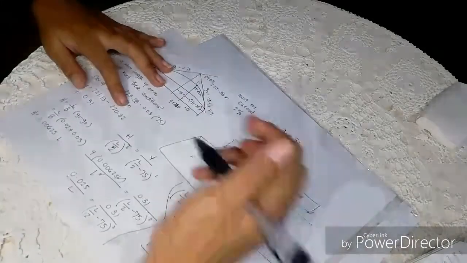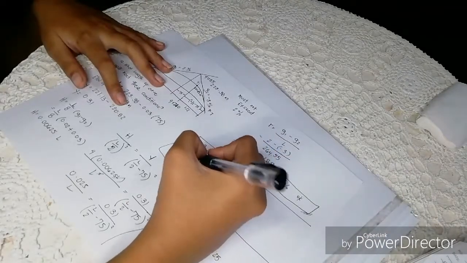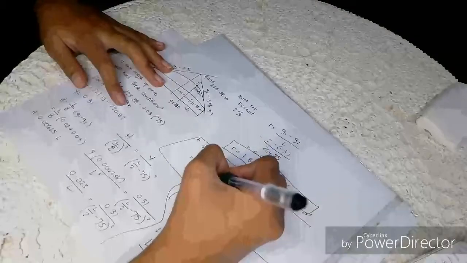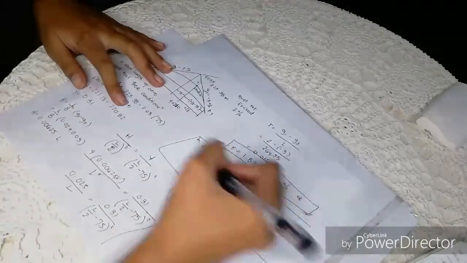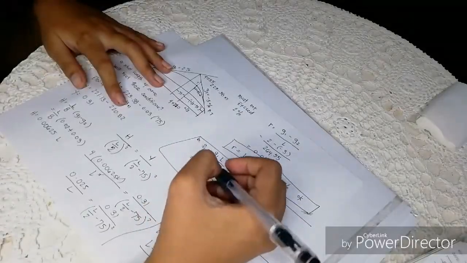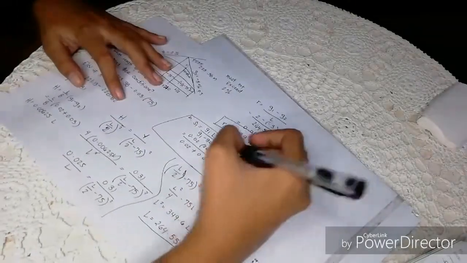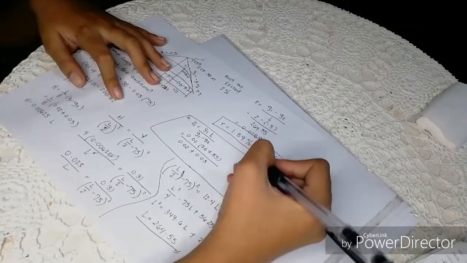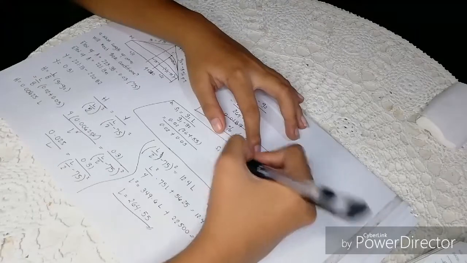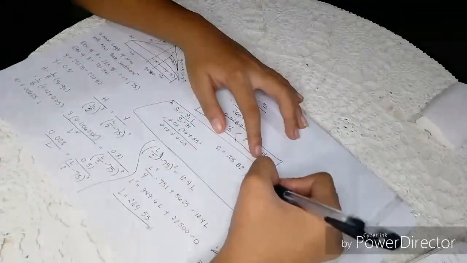Substitute natin, 0.02 times L, 264.55, over 0.02 plus 0.03. Ang S1 natin ay magiging 105.82 from PC.